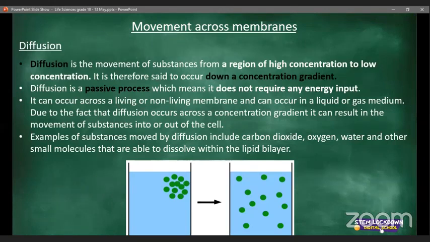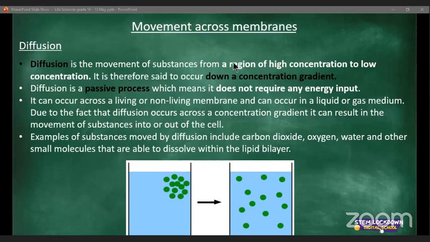So guys, give me an example of diffusion that occurs in our daily lives. Air freshener. So Zach says the air freshener. When you use the air freshener, it moves from a region of high concentration to a region of low concentration.